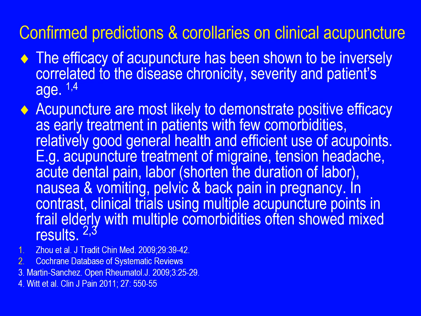In those conditions, typically the patients are relatively young and relatively healthy. But in contrast, clinical trials using multiple acupuncture points in frail elderly with multiple comorbidities often showed mixed results.